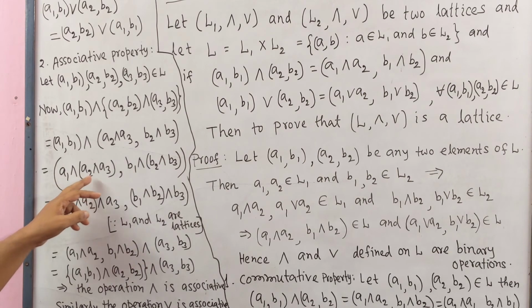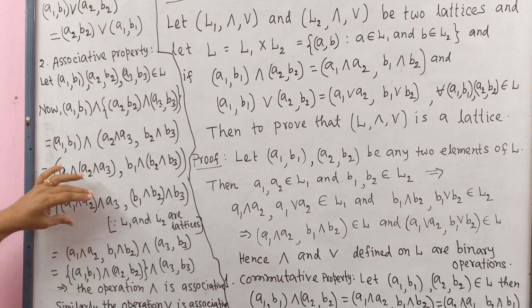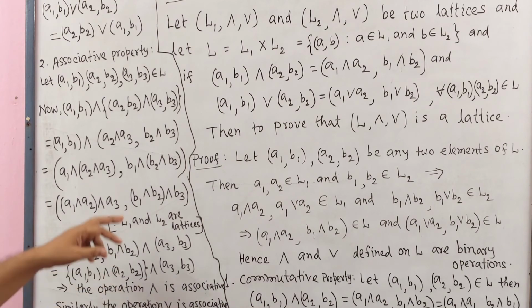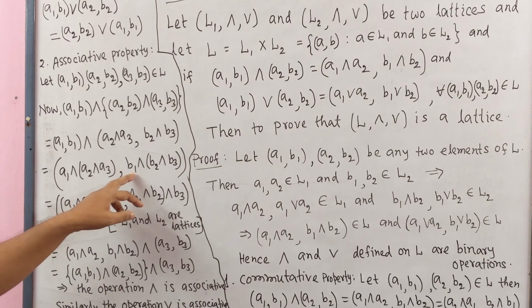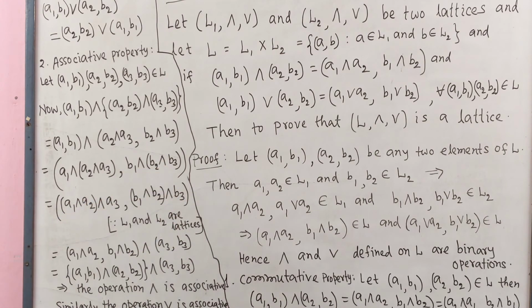Since A1, A2, A3 belong to the lattice L1 and L1 is associative, therefore this equals (A1 meet A2) meet A3 under the associative law. Similarly, L2 lattice is associative, therefore we may write (B1 meet B2) meet B3.